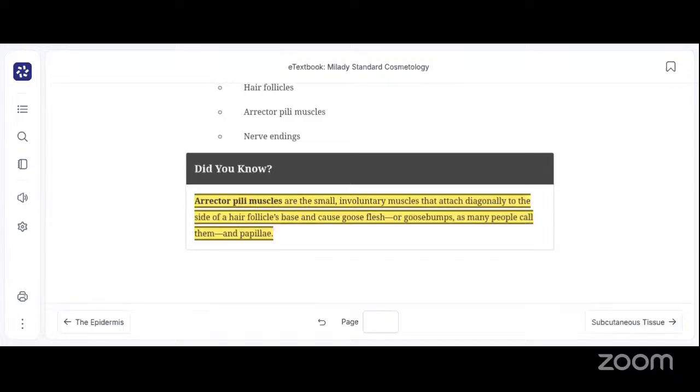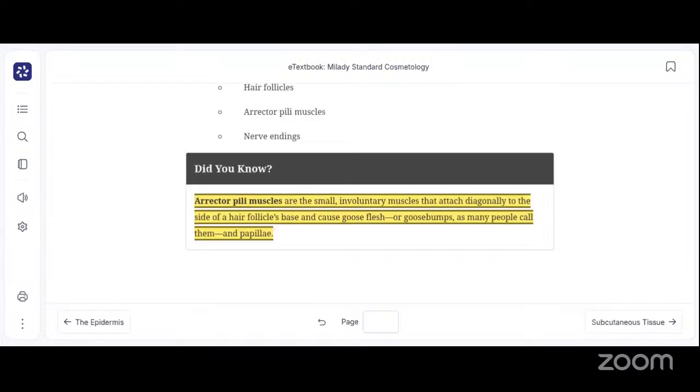The erectile pillar muscle is stimulated by coldness. Someone says, "Oh, I'm just so cold." And also, when someone is scared, whenever you feel like you're getting goosebumps, that's the erectile pillar muscle being stimulated.